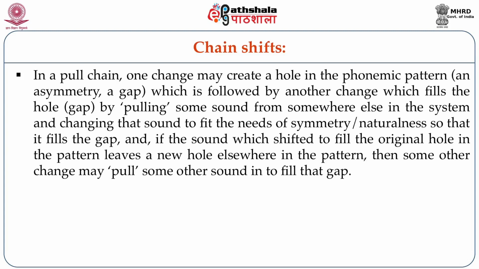And if the sound which shifted to fill the original hole in the pattern leaves a new hole elsewhere in the pattern, then some other change may pull some other sound into fill that gap.